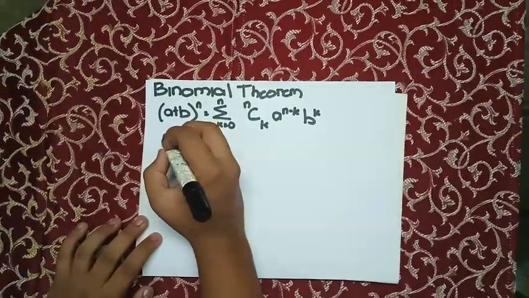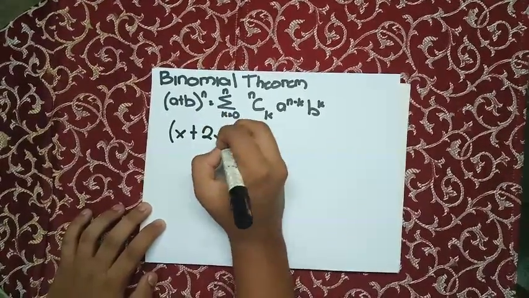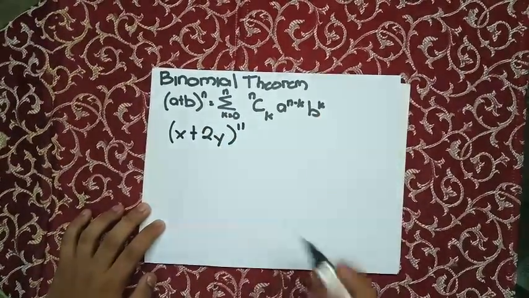For my example for the binomial theorem, the quantity (x + 2y) raised to 11.